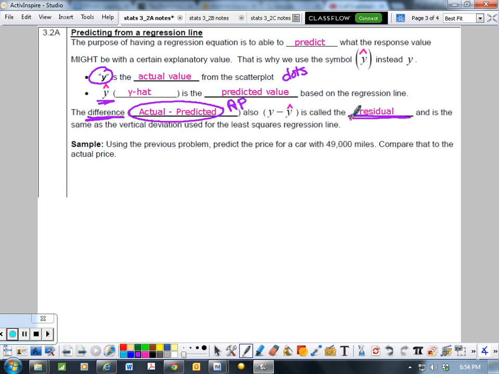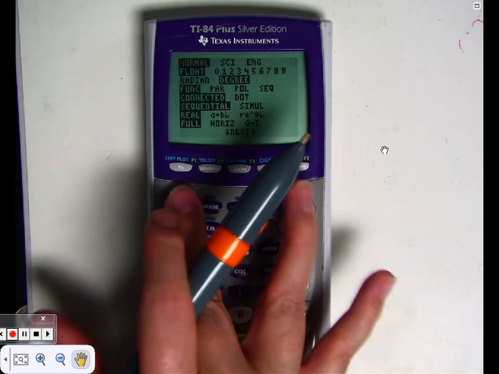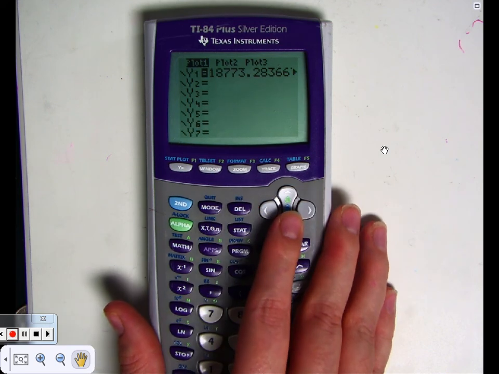So in our previous problem, we're going to predict the price of a car with 49,000 miles. Now, there are two ways you can do this. You could plug 49,000 miles into the equation and calculate by hand, or you can go to your calculator. So I'm going to show you on your calculator. Remember how I programmed that formula into y1?